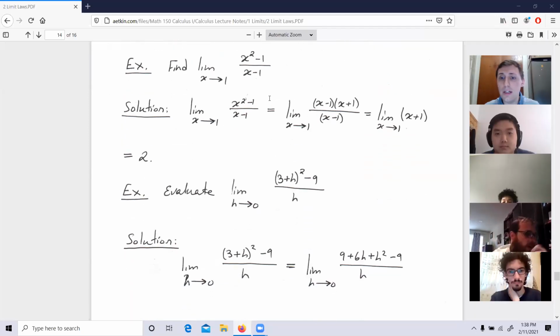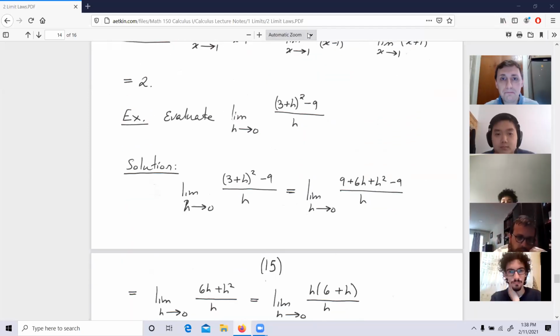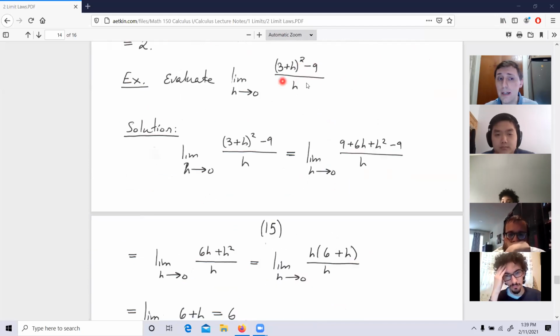So here is the solution, guys. (3 plus h) squared minus 9, over h. What happens here? First I can expand (3 plus h) squared, getting 9 plus 6h plus h squared minus 9.